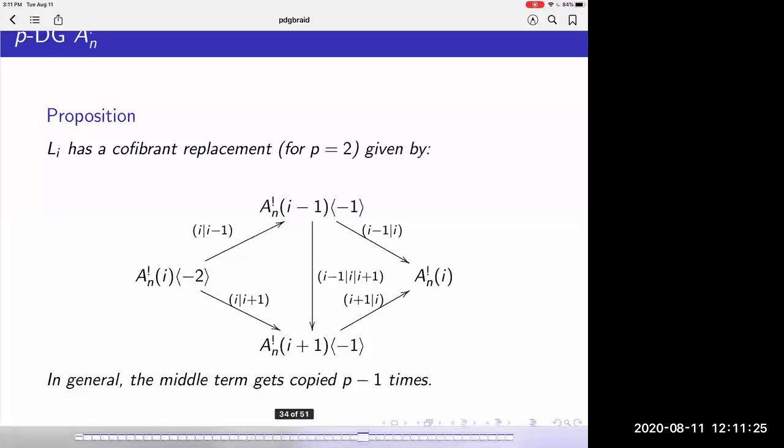So we have this extra map there, and you can check that now d squared on this whole thing is equal to 0. This is the case for p equal to 2. For general p, one gets a cofibrant replacement by repeating this middle column p minus 1 times. And you can check that L_i is isomorphic in the derived category to that PDG module.